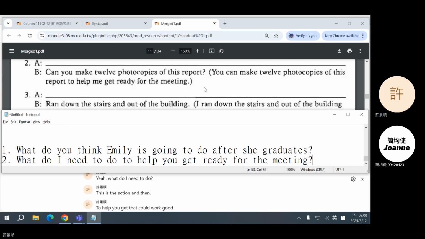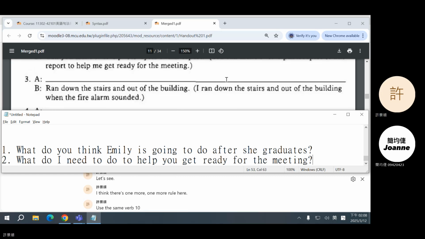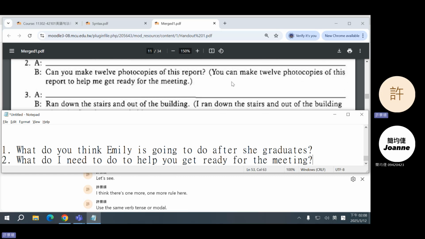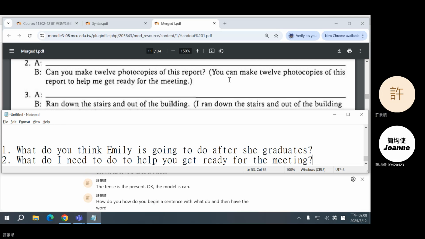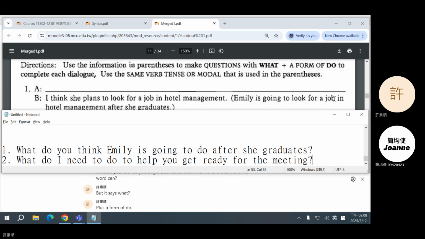Good. Let's see. I think there's one more rule here. Use the same verb tense or modal. The tense is the present. Okay. The modal is can. How do you begin a sentence with what do and then have the word can? But it says what plus a form of do. Okay, yeah.